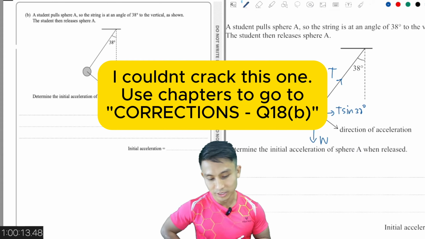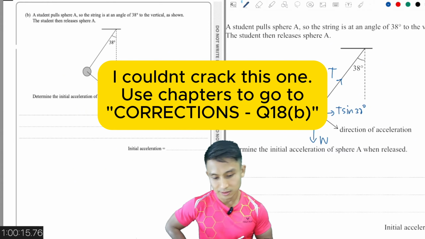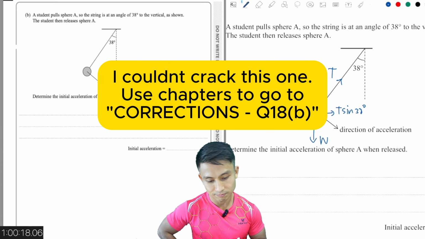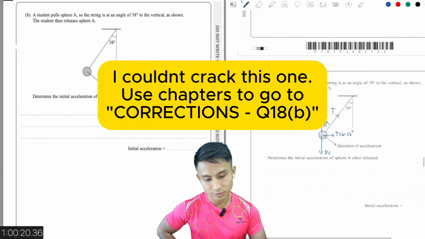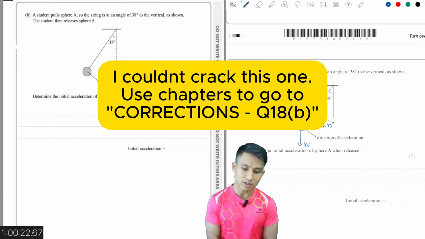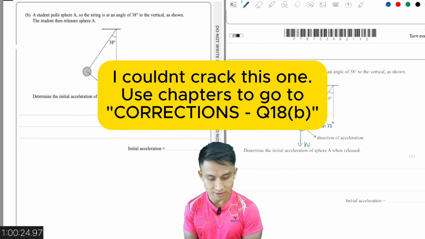Makes me wonder a little bit there, but oh, and this is in circular motion as well. Circular motion is not uniform, is it?